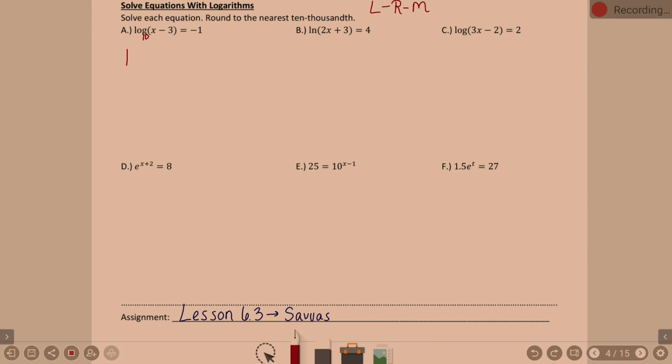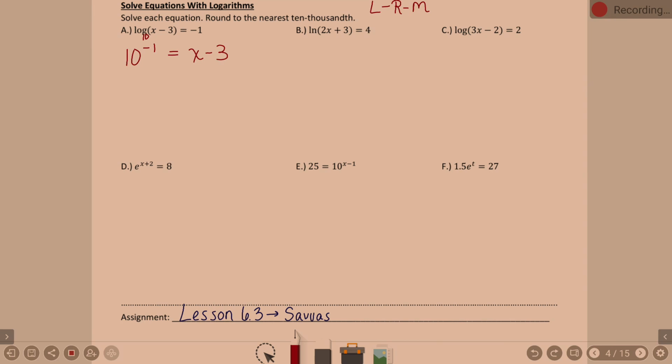The left of 10, then what? Raised to the right of -1 is going to equal the middle of x minus 3. Have we forgotten all that since yesterday?